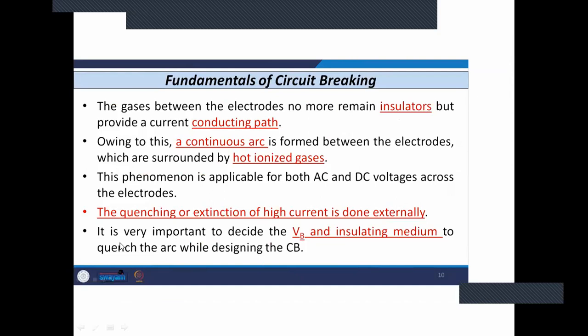So it is very important to decide the VB and insulating medium to quench the arc while designing the circuit breaker. For all of this ionization, we have to make some arrangement to quench or extinguish the high current. For that purpose we have to decide an insulating medium to quench the arc.